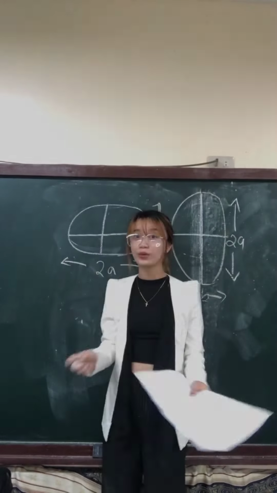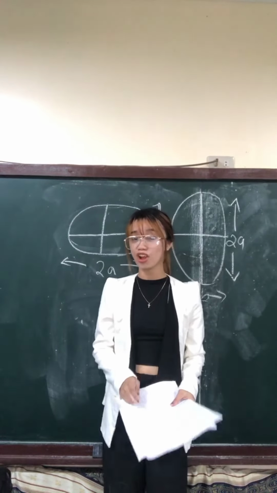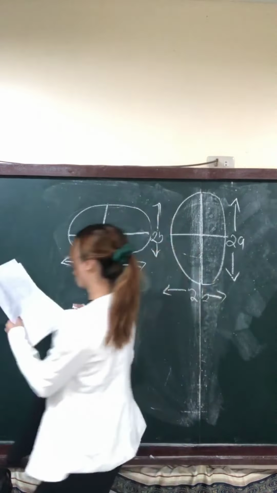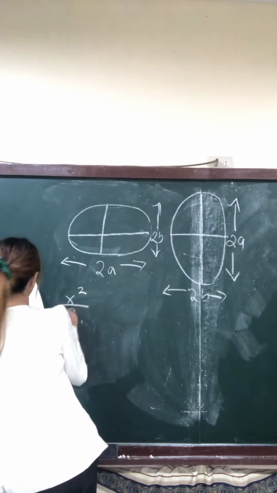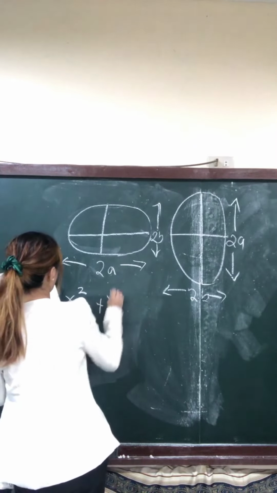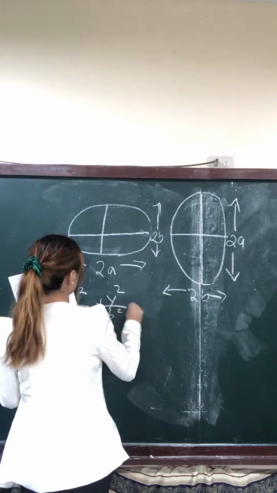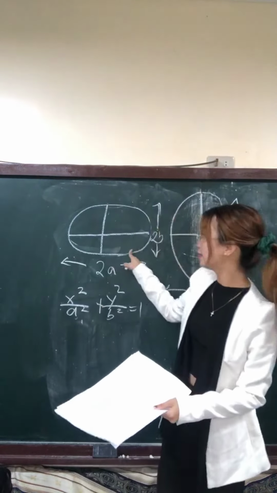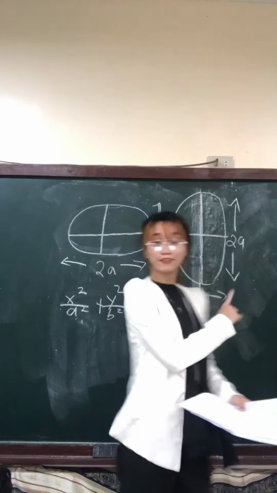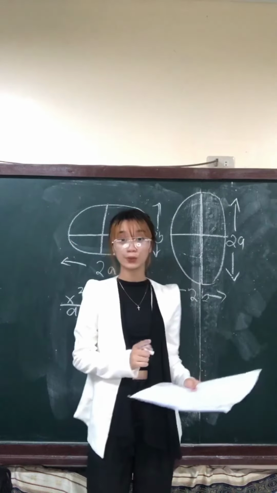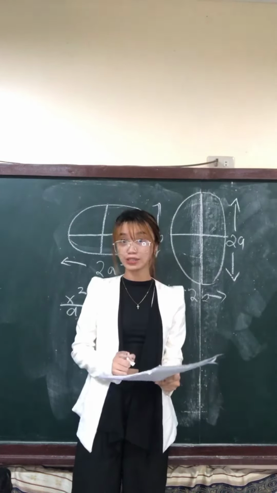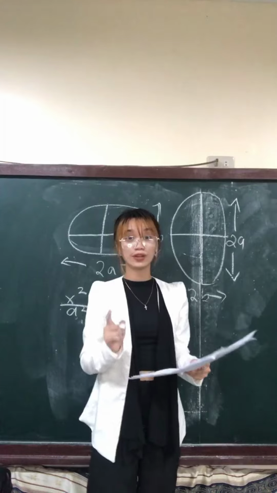Now, whenever we have the center at the origin, we can have the equation x squared over a squared plus y squared over b squared is equal to 1 for this horizontal ellipse. And for this vertical one, we have x squared over b squared plus y squared over a squared equals 1.